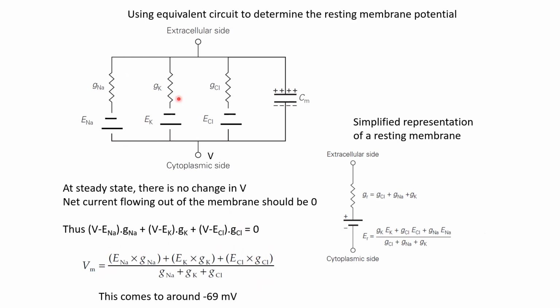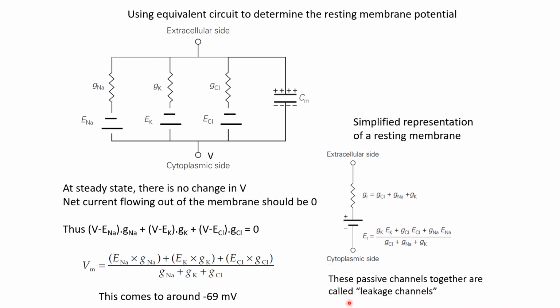So these three types of channels can be thought of as a single type of channel with this total conductance and this equilibrium potential. All these channels that are open in the resting state are sometimes called leaky channels or leakage channels.